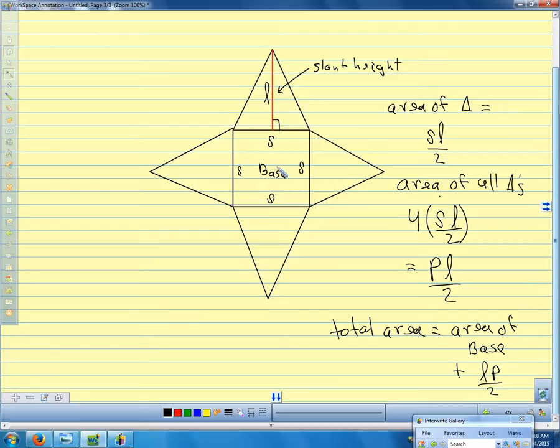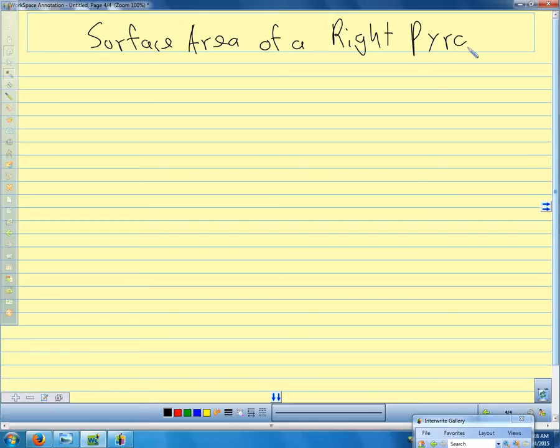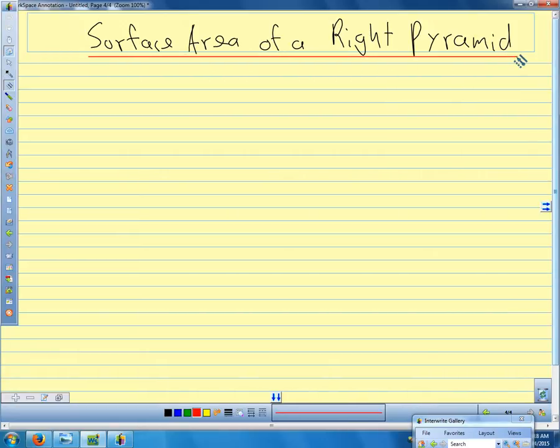All right, so let's write down our formula. Surface area of a right pyramid. And notice we're saying for pyramids, just like we did for prisms, our surface area formulas work for right pyramids.